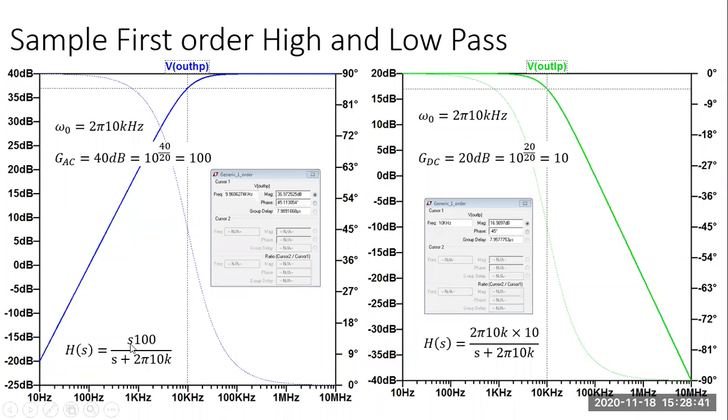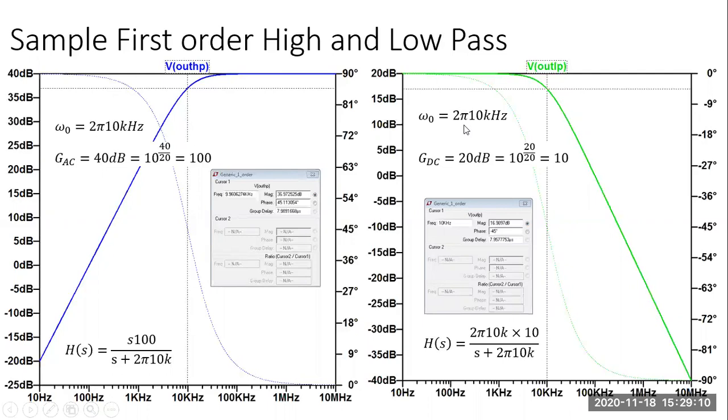Then you just write out a first order high pass transfer function, S divided by S plus omega naught, but everything is multiplied by the gain, 100. Now, when we look at the low pass filter, we're getting omega naught again at 10 kilohertz.